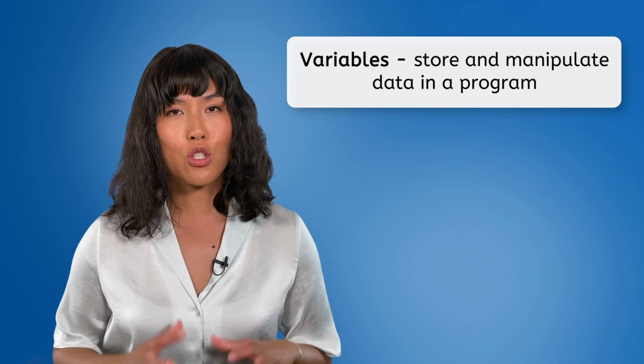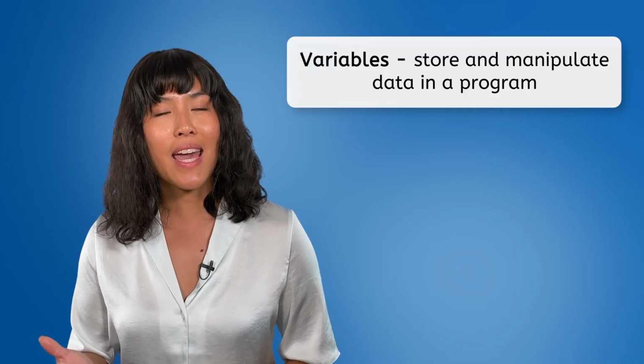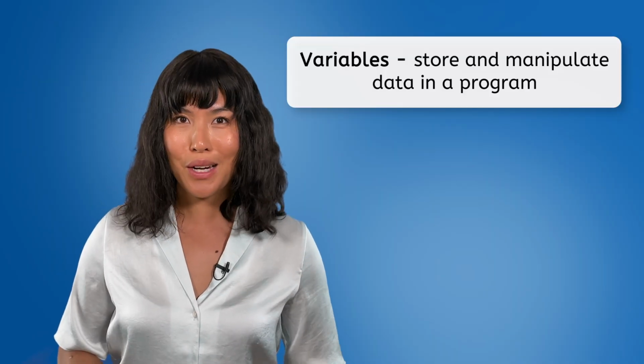In our kitchen, we have a pantry stocked with various containers holding ingredients. These containers work similarly to how variables work in a program. Variables allow us to store and manipulate data, making our code dynamic and adaptable to different scenarios.